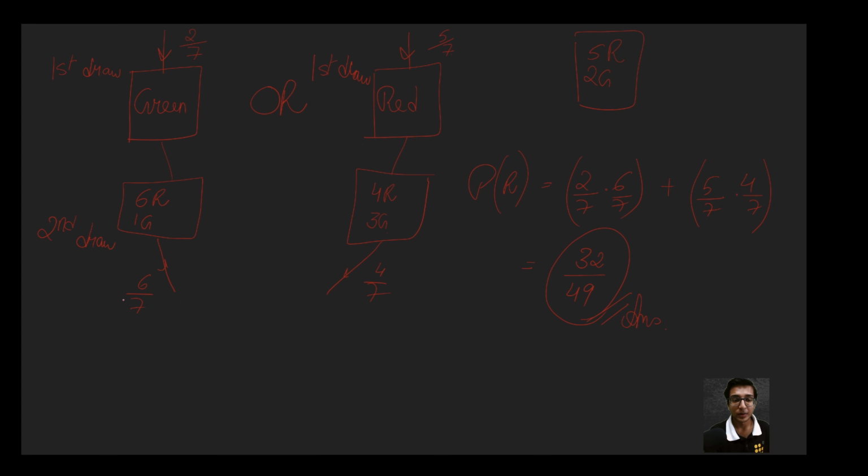It's going to be 6 by 7 and 4 by 7. So basically this 6 by 7 is the probability of me choosing a red ball given that the first draw was a green ball. And this is my probability for choosing a red ball given that my first draw was a red ball. So this is how we calculate our total probability.